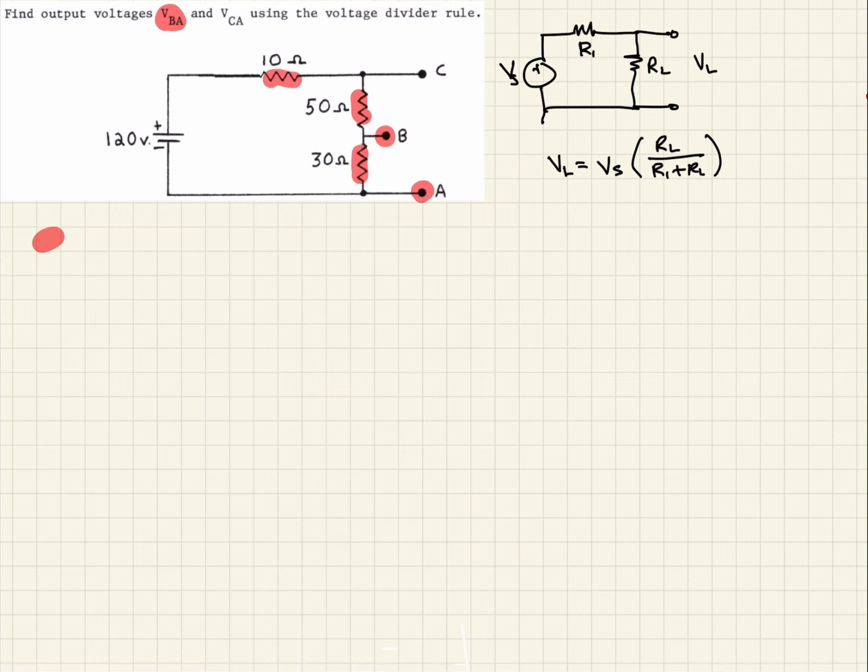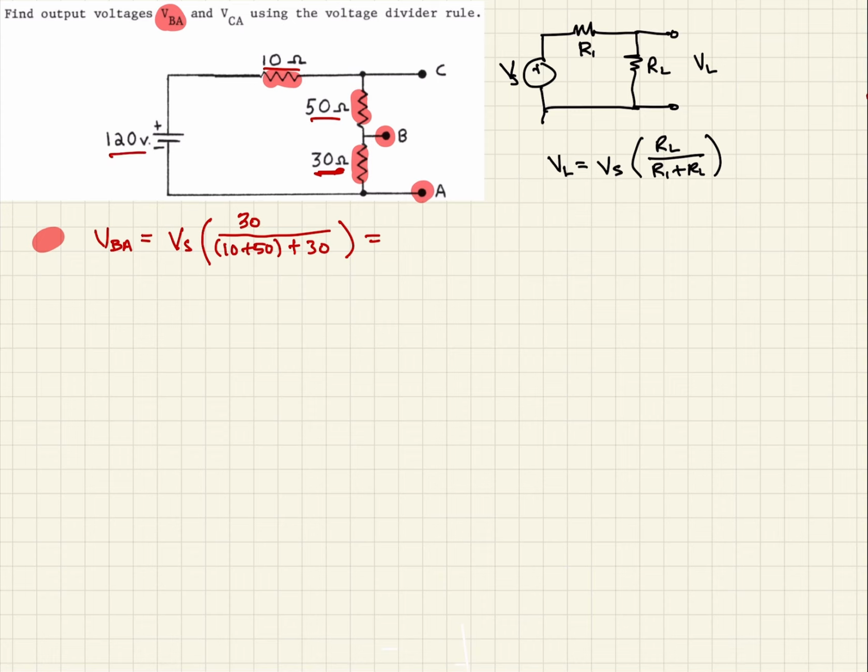So to calculate that, VBA is equal to our voltage source times our load resistance, which is 30 ohms, divided by the line resistance, which is 10 plus 50, plus our load resistance, which is 30.